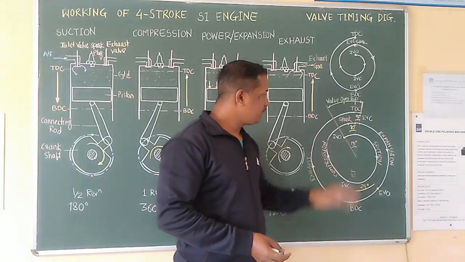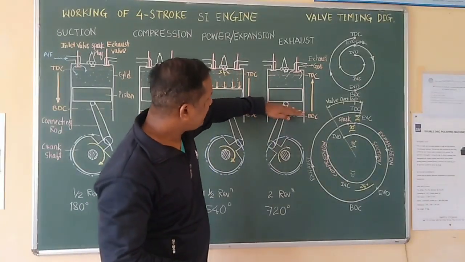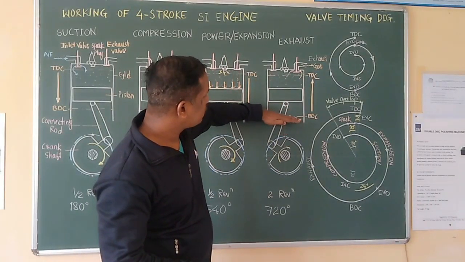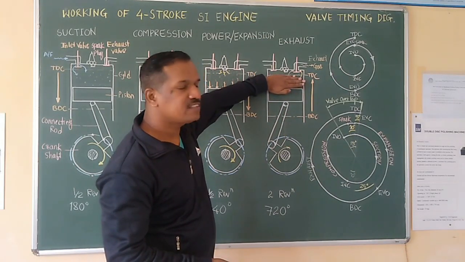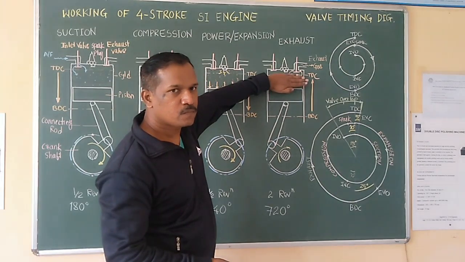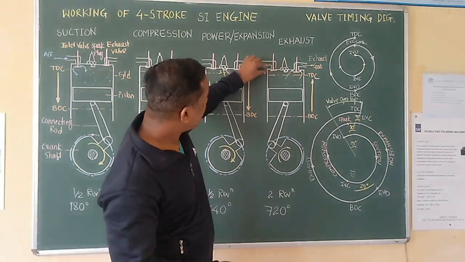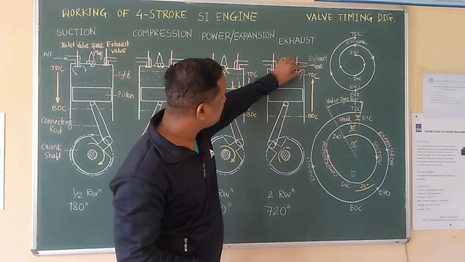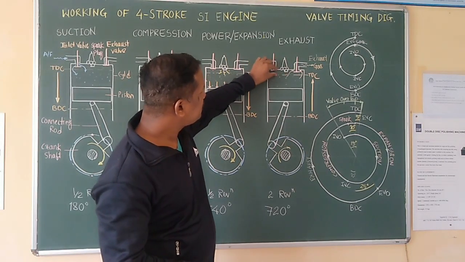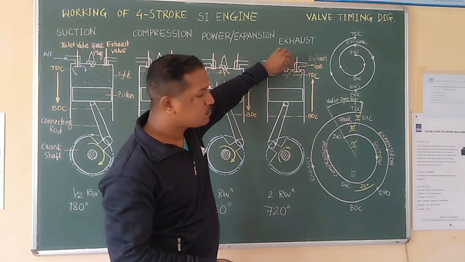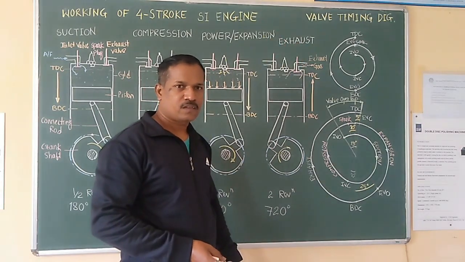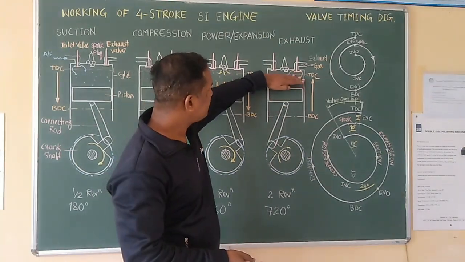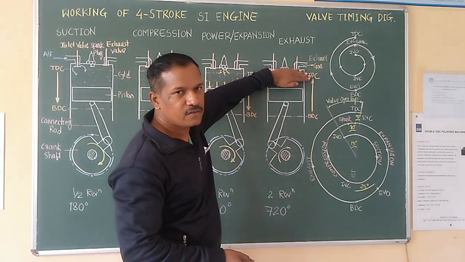How? Imagine at the end of the exhaust stroke, the piston moves upward, but it can't move beyond TDC. So in this portion, this is the combustion chamber. In this portion, exhaust gases remain as they are, because the piston cannot reach the top edge of our cylinder.